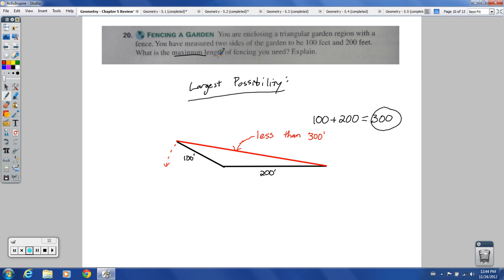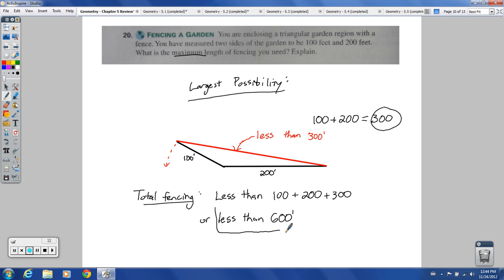So what's the total maximum length of fencing you need? You still have to buy the 200 feet of fencing here and the 100 feet of fencing here. So the total fencing would have to be less than 100 plus 200 plus 300, which would be less than 600 feet.